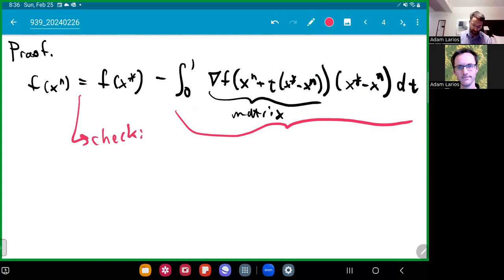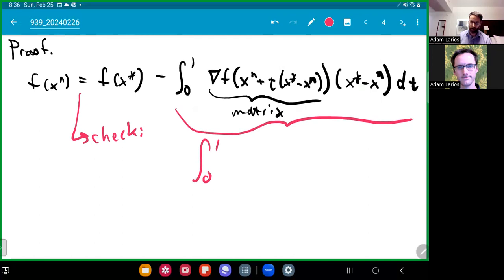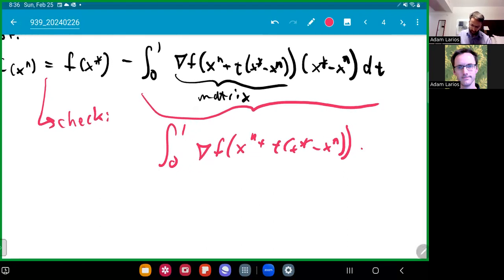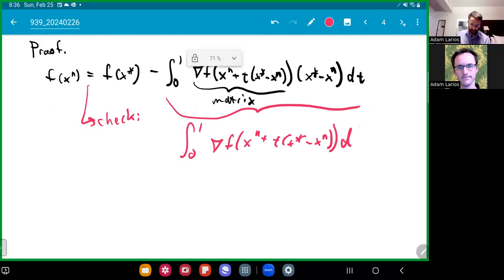If we rewrite this as the integral from 0 to 1 of the gradient of f, and then I write xn plus t times x star minus xn, so that's t times this thing, I want to pull this thing inside, d of xn plus t times x star minus xn. We see that this is really just coming from substitution.